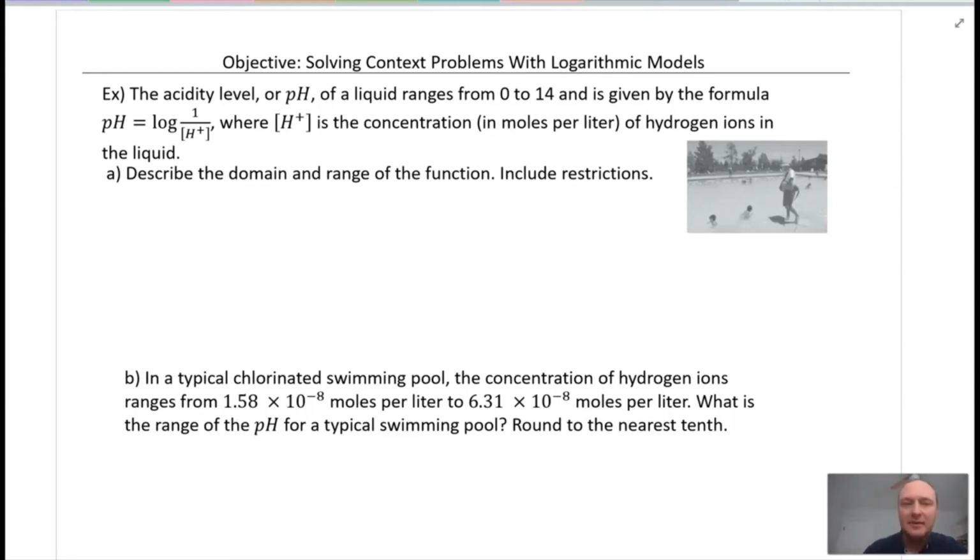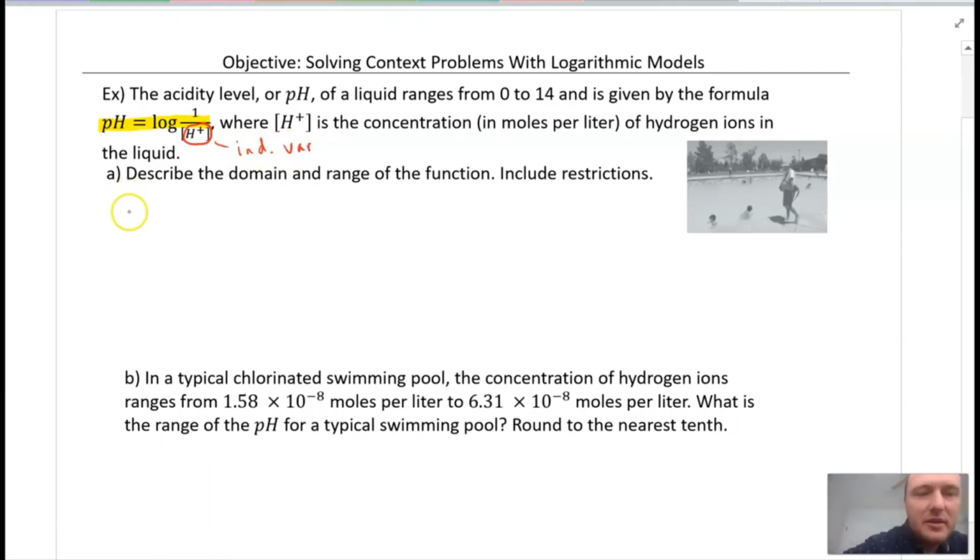So let's go back in and highlight our function here. pH is equal to log of 1 over H plus. We need to identify the domain. What's our input? What are we plugging values in? Here, H plus is our independent variable, and that's going to serve as our domain.